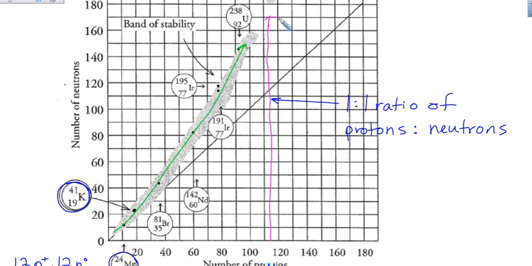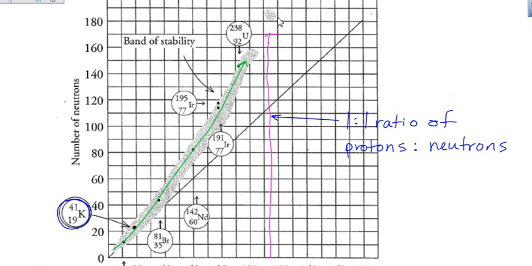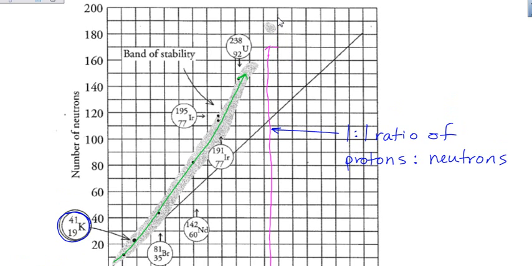And then what if we kind of extrapolate this band of stability? So the band of stability would keep going. We could kind of estimate an approximate number of neutrons that would make element 114 stable.